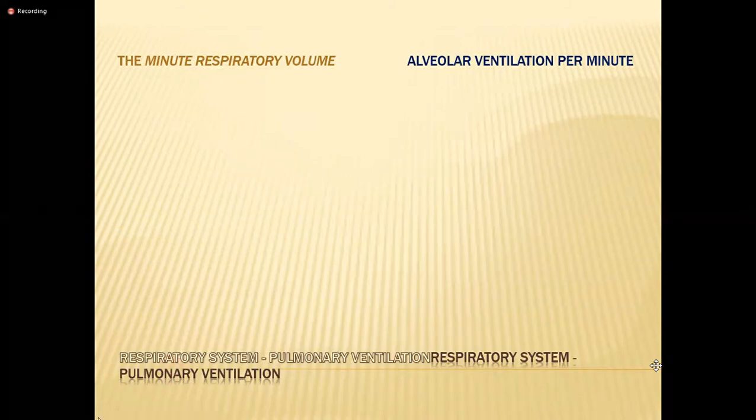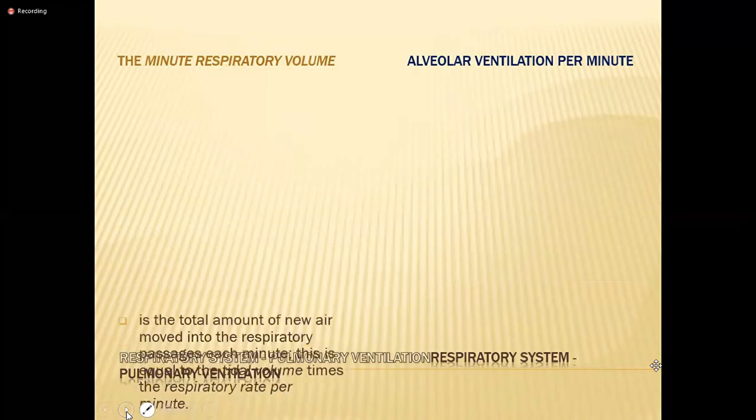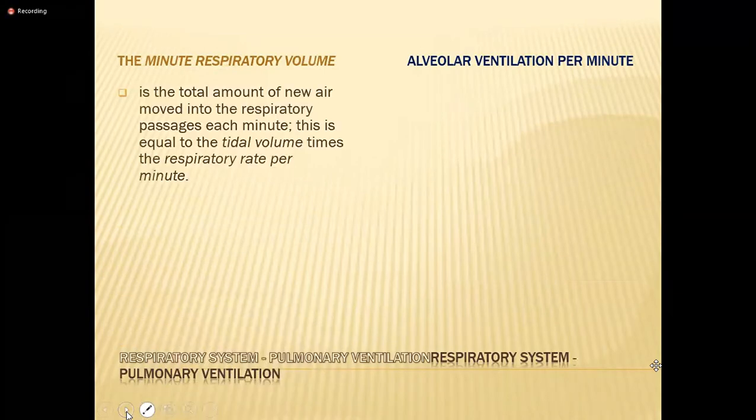The minute respiratory volume is the total amount of new air moved into the respiratory passages each minute. This is equal to the tidal volume times the respiratory rate per minute. What is the normal respiratory rate?